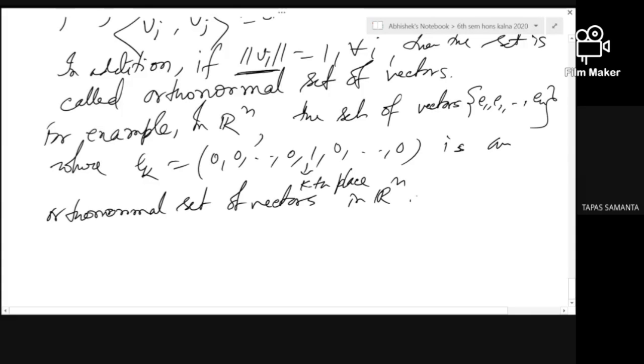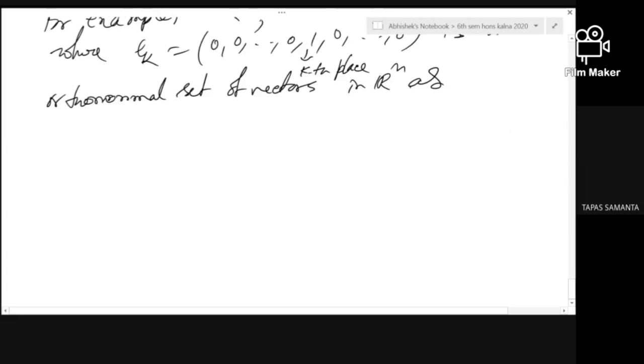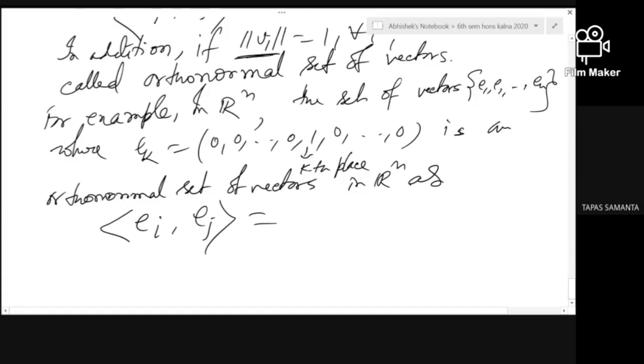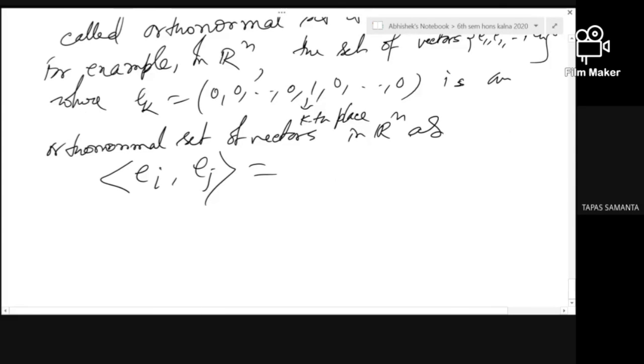Because if you do the inner product of ei, ej with respect to the standard inner product, you multiply component-wise first and then add. Thus we get 0 times 0 plus 0 times 0 and so on.